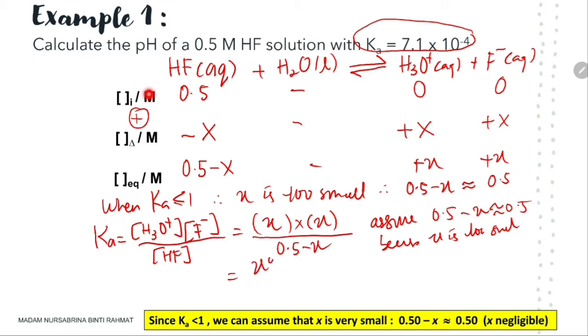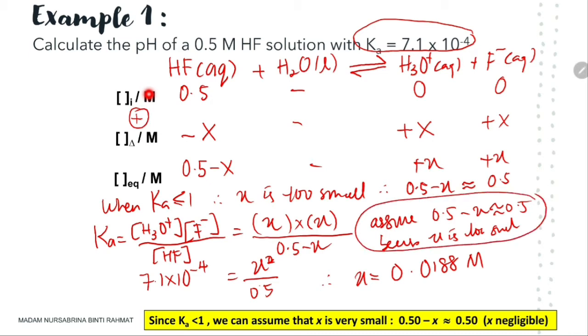So X squared over 0.5 is equivalent to your Ka value, 7.1 times 10 to the minus 4. From there you can calculate your X. Your X should be a positive value, which is 0.0188 molar.